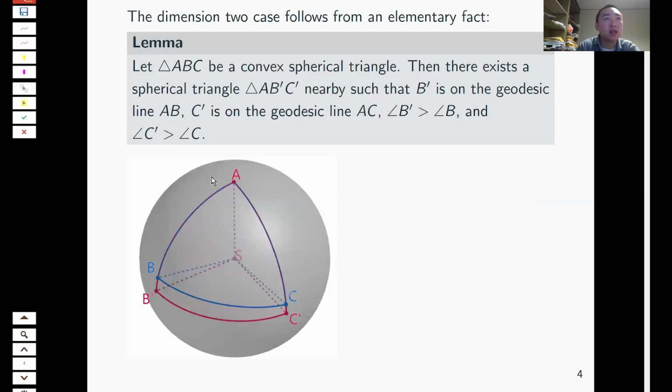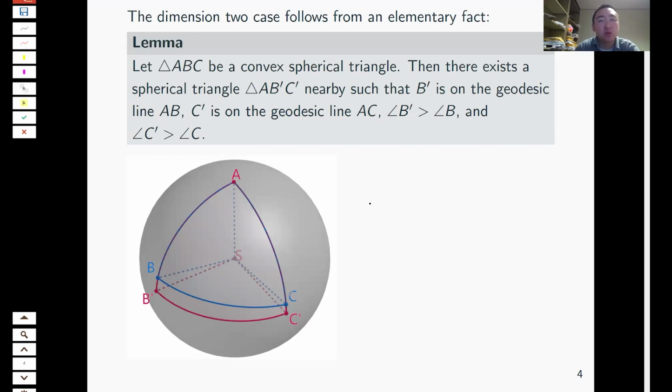If you look at the spherical triangle ABC in this picture, now we want to raise these two dihedral angles, angle B and angle C. We can always move B a little bit and move C a little bit so that we have a new spherical triangle A, B prime, C prime, and the angles all become larger than the original ones.